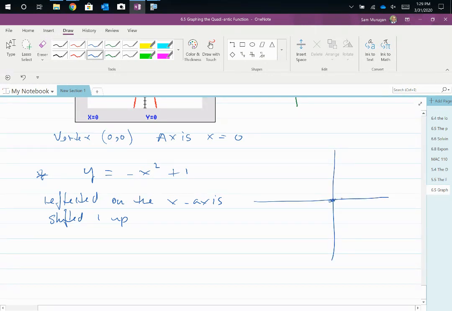It turned over on the x-axis, and then it went one place up. So the vertex is at 0 and 1, and it's turned downwards this time, like that. Vertex at 0 and 1, axis x is equal to 0.